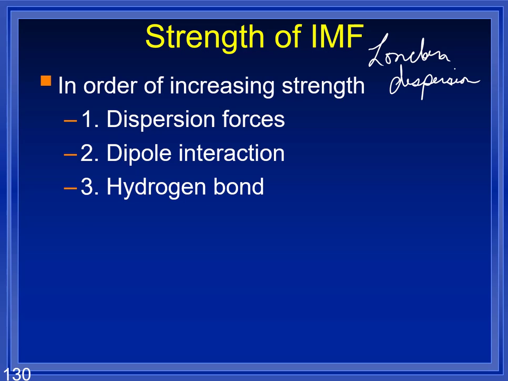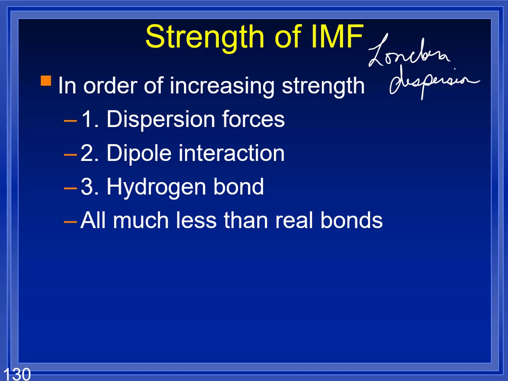I keep saying this, all much less than the real bonds. Because while it takes a lot of energy to boil water, it takes a lot more energy to take the hydrogen away from oxygen. You never do that when you boil water. Okay, so all things being equal, dispersion is weaker than dipole, which is weaker than hydrogen bonding.